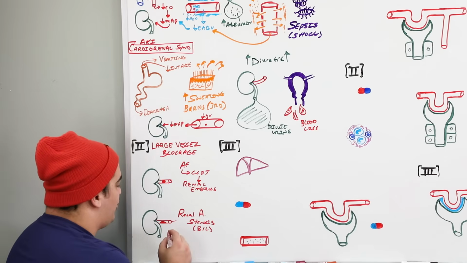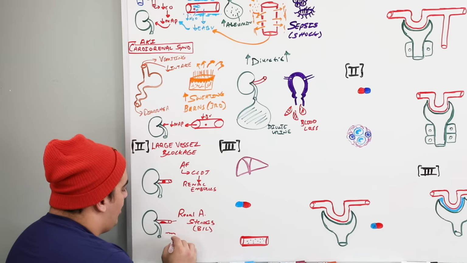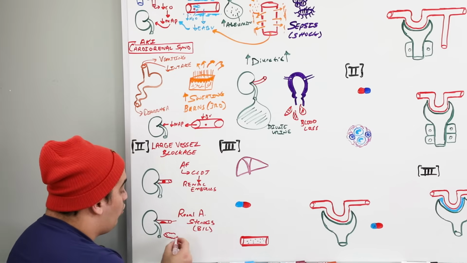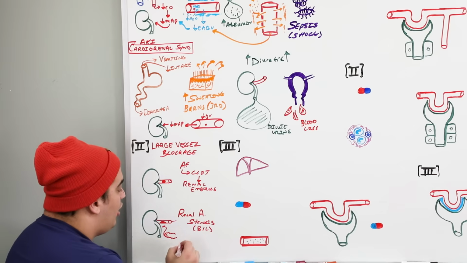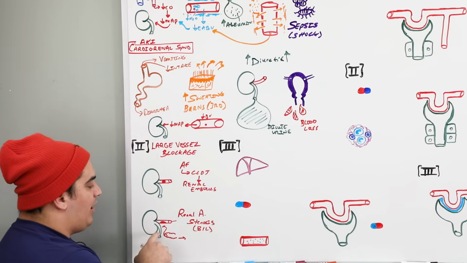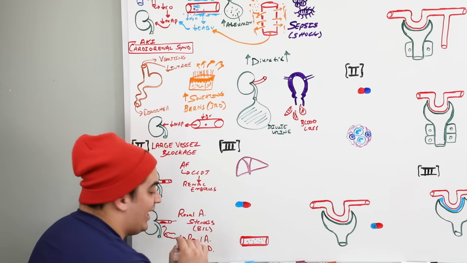There's another condition. I'm going to just draw another vessel here. Imagine here you have another vessel, and it's really thick and narrowed and has dilated portions. This also can really affect blood flow to the kidney. There's a condition where you have, imagine, a beady kind of appearance of the vessel. It's called renal artery fibromuscular dysplasia.